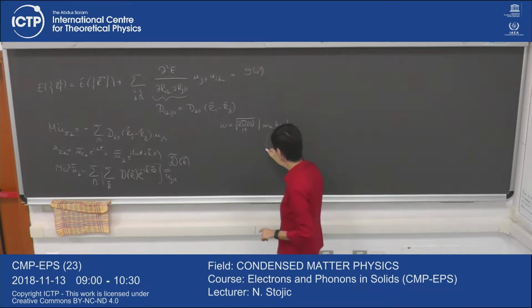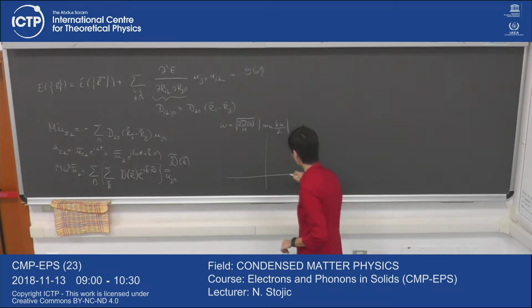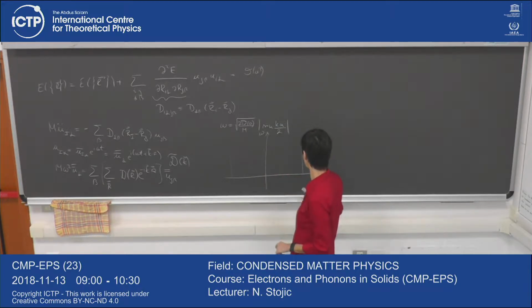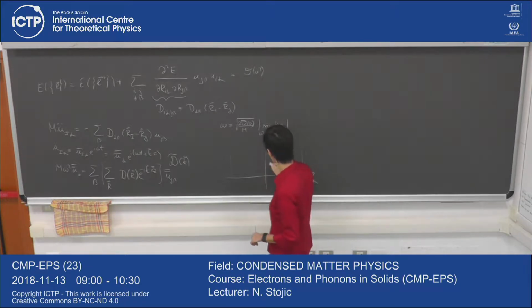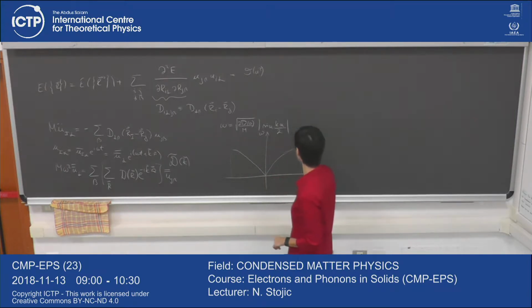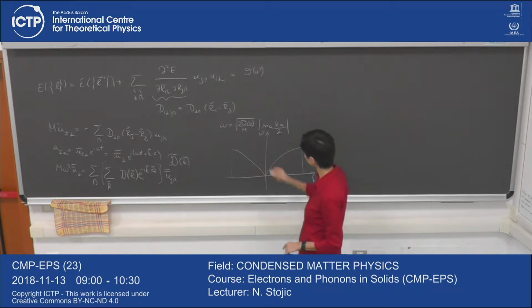And we plotted the dispersion in the first Brillouin zone. And here it's linear, goes as a sine up to the value of 2 over a.